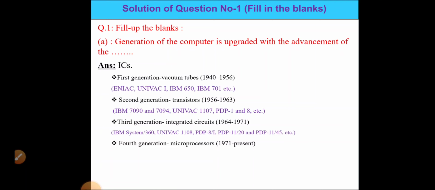That's why from the fourth generation onwards computers widely use the microprocessor, and this period started in the year 1971 till the present date.